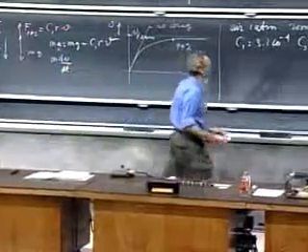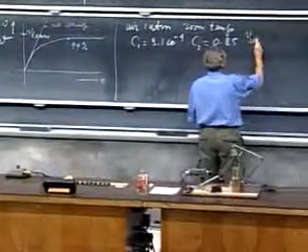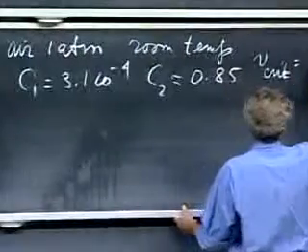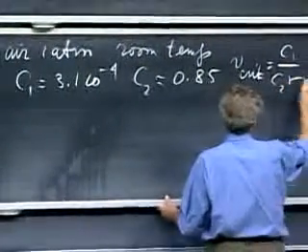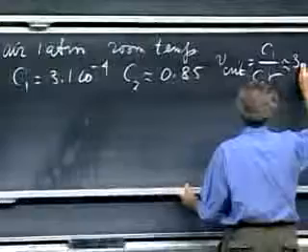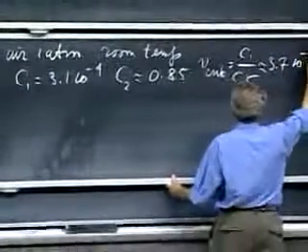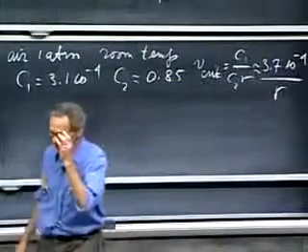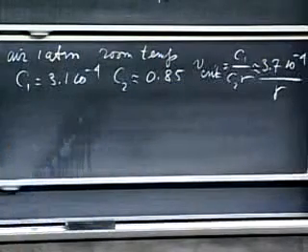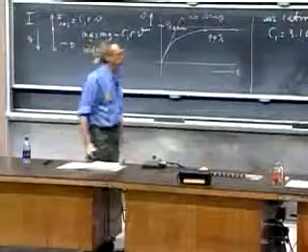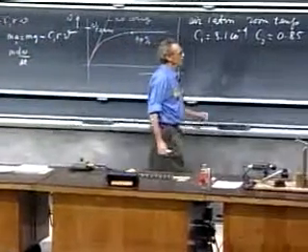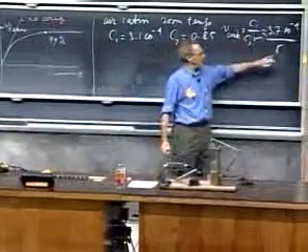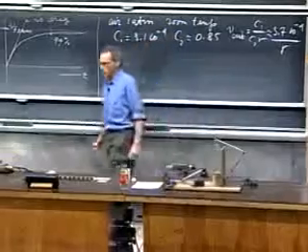And so the critical speed, which is C1 divided by C2 by r, is about 3.7 times 10 to the minus 4 divided by r meters per second. And that is about 400 times lower than the critical speed in syrup, in the Caro syrup, for the same value of r.